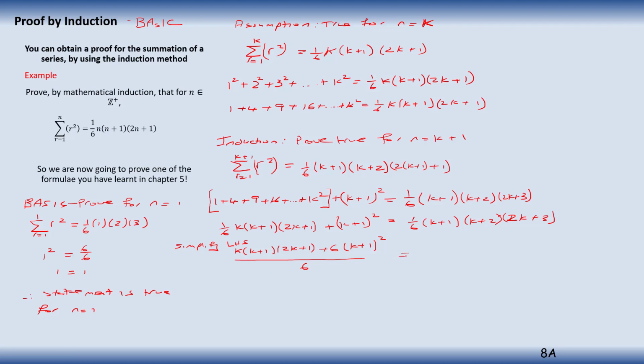So that's going to be equal to, if I expand and simplify my left hand side, well, k plus 1 is common to both terms, so I take k plus 1 out, k plus 1, brackets, let's use square brackets to distinguish. I'm left with k times 2k plus 1 plus 6 times k plus 1.